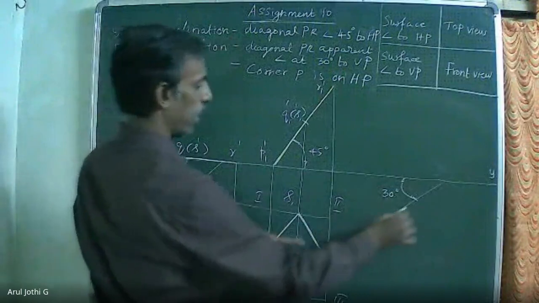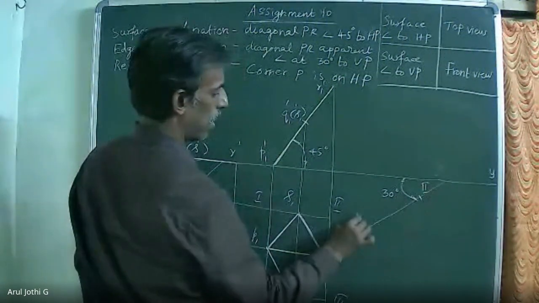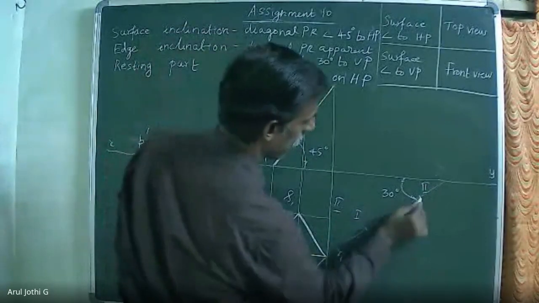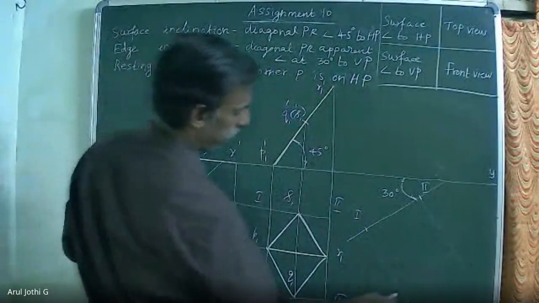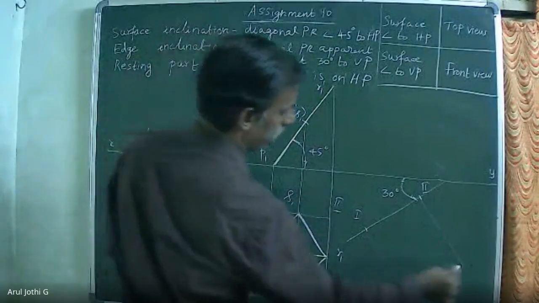So transfer 1 and 2 here. Draw the perpendicular lines. Transfer 1 and 4, transfer 2 and 3.